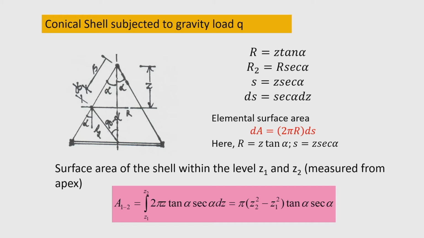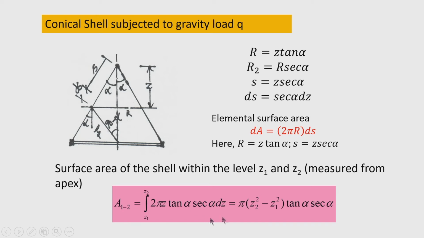If one level is the reference point, that is z 1 is 0, then we get the surface area measured from the apex. Here you can see that I have substituted da and then integrated. So, da is 2 pi z tan alpha sec alpha dz, because r is substituted as z tan alpha, and ds is substituted as sec alpha dz.